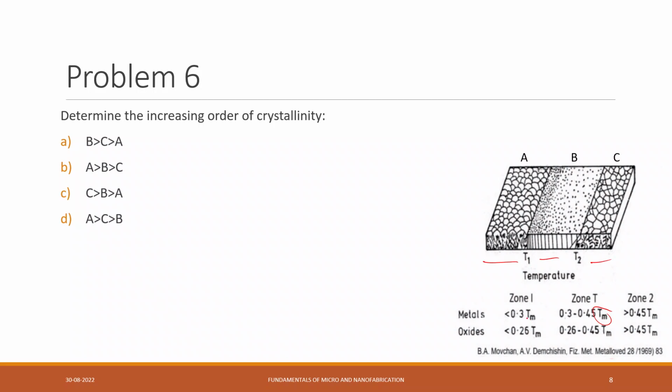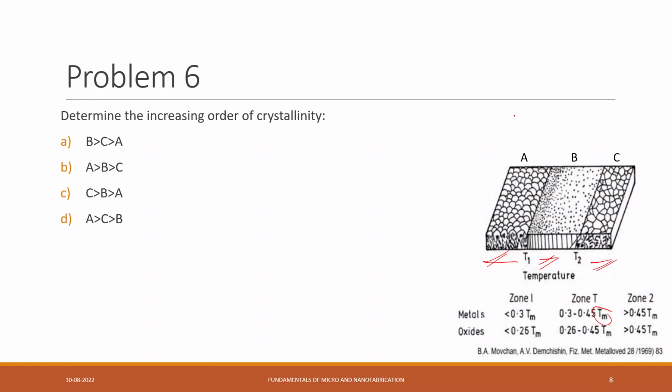Less than 0.3 of the melting temperature, they get like this. 0.3 to 0.45 of the melting temperature, they get like this, and more than 0.45 of the melting temperature, we get like this. So while doing PVD, whenever we subject it to these temperatures, these fractions of the melting temperature, it has different crystallinities. You have to tell which of the following is the increasing order of crystallinity.